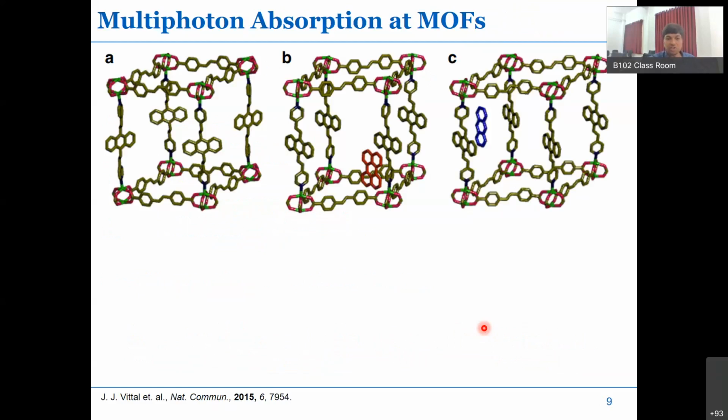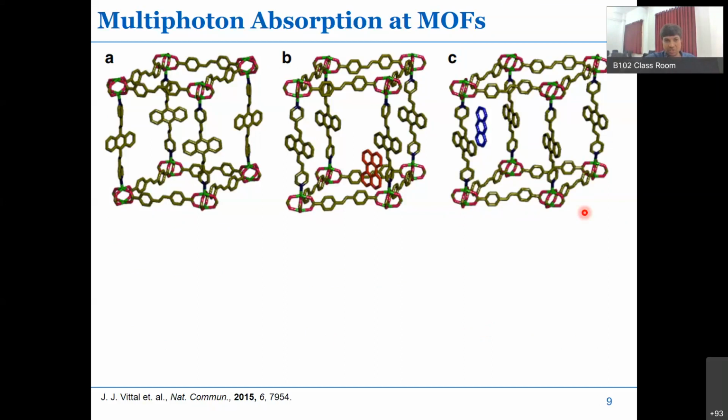If you look into the literature, the first ever report which presented multi-photon absorption cross-section was in 2015, again from the group where I finished my PhD, the J.J. Vittal group, where we have been hugely focused in recent years on MOFs.